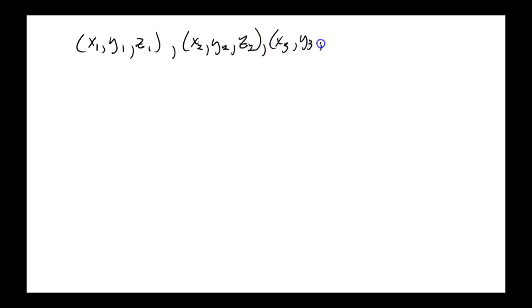If you have 4 points, x1, y1, z1, x2, y2, z2, x3, y3, z3, and x4, y4, z4, 4 points in a three-dimensional space, and if they all lie on the same plane, then the determinant in the formula for the volume of the tetrahedron is 0.